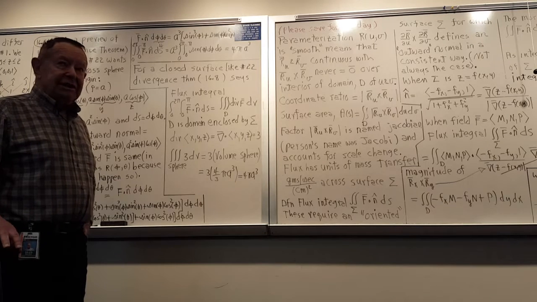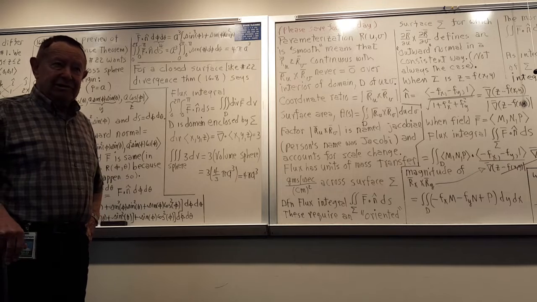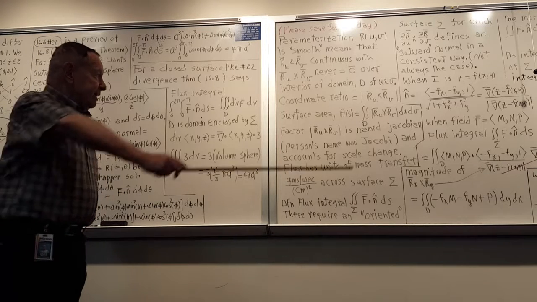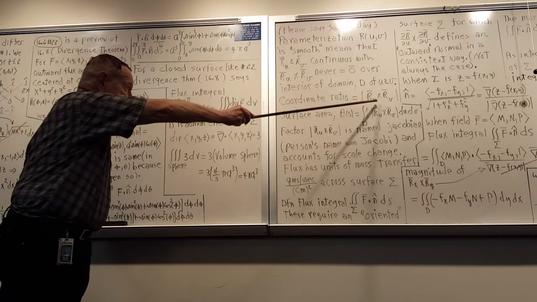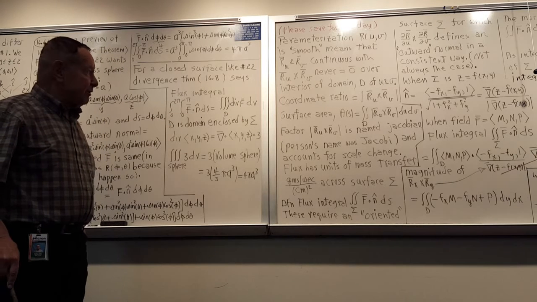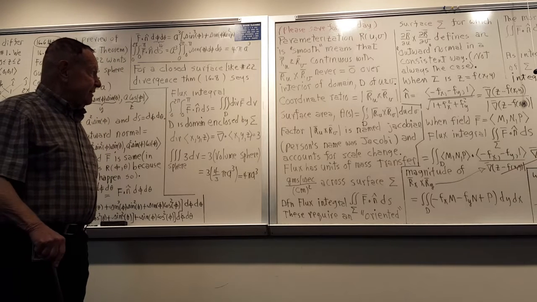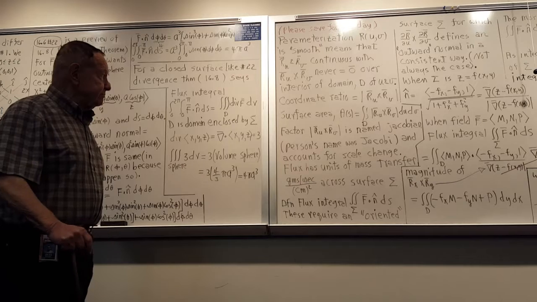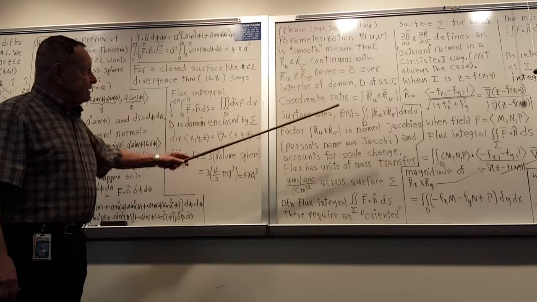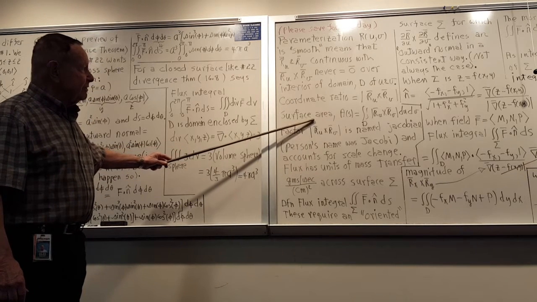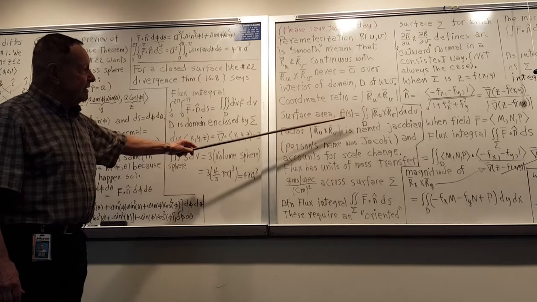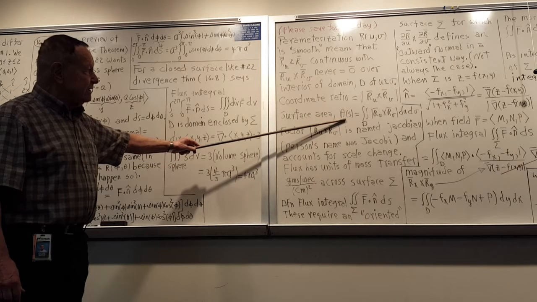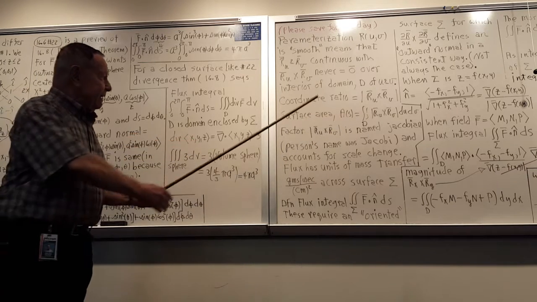So this projection factor or coordinate ratio, which is the magnitude of this cross product of partial derivatives, is essential to computing surface area, as we were doing yesterday.